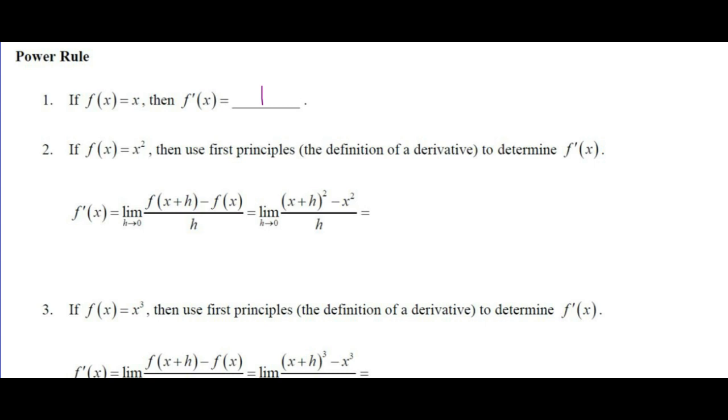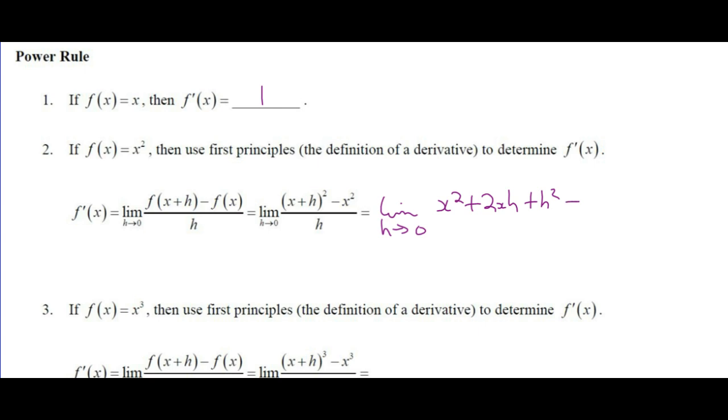Square the input, and the input is now x plus h. So it's the limit as h approaches 0 of x plus h, quantity squared, minus x squared, over h, which is the limit of x squared plus 2xh plus h squared, that's this guy, right?